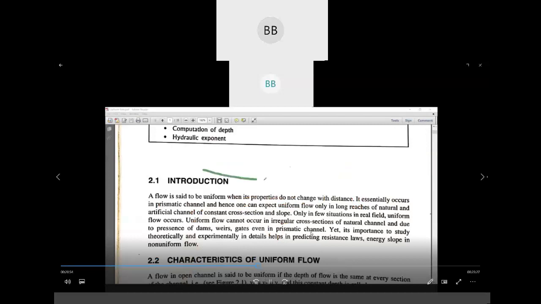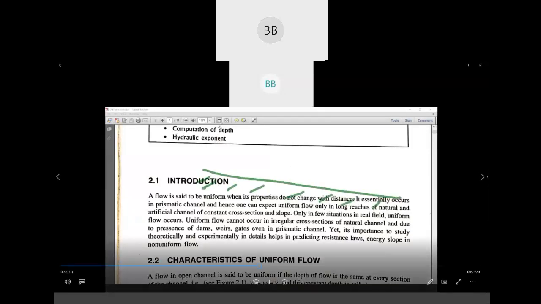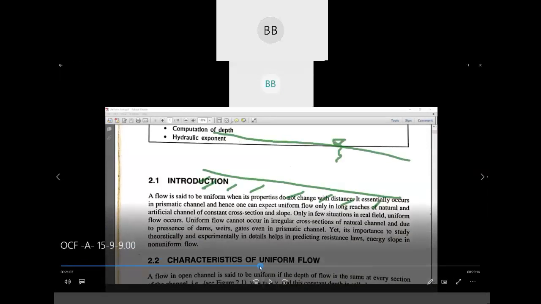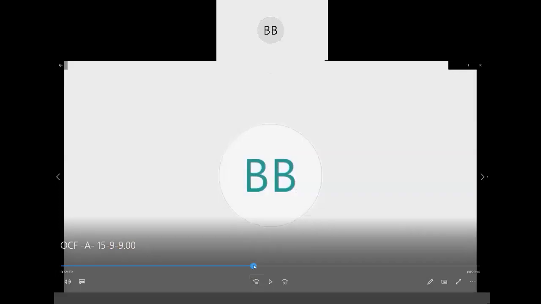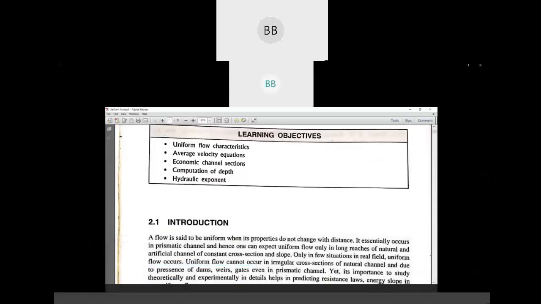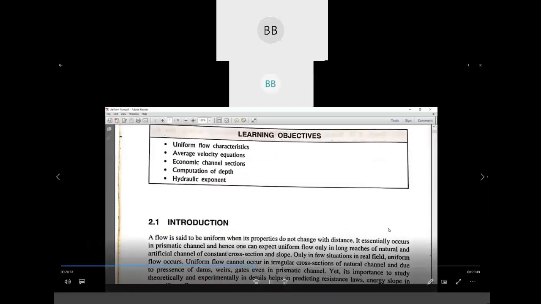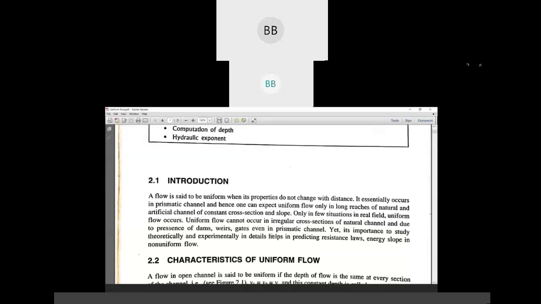Discussed. Okay, if we have a channel, this is the level of water. Uniform flow we have already discussed.